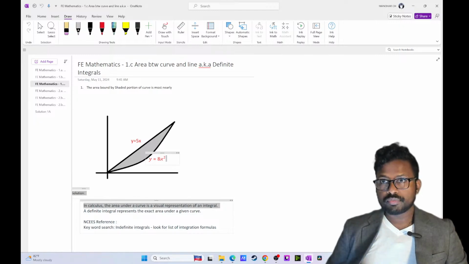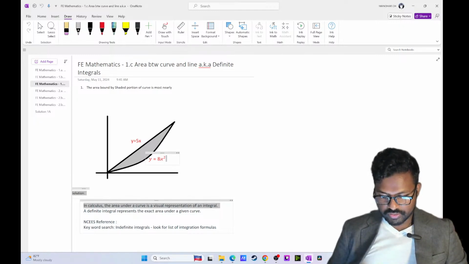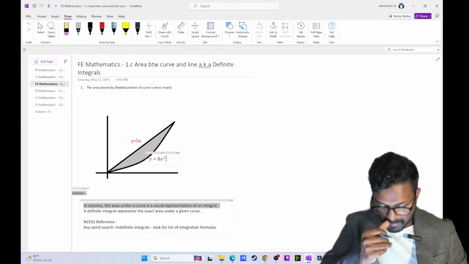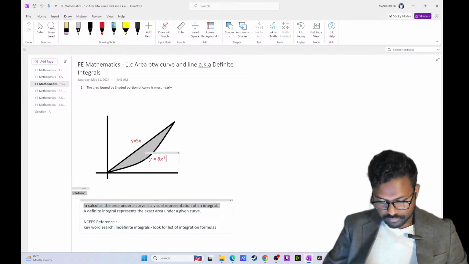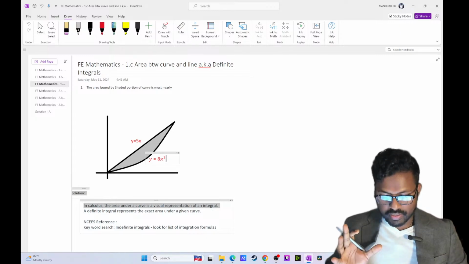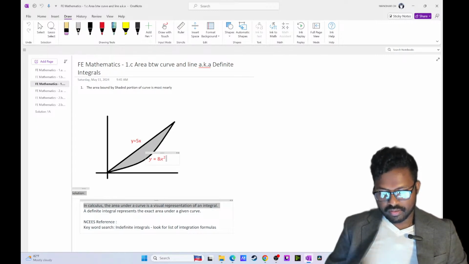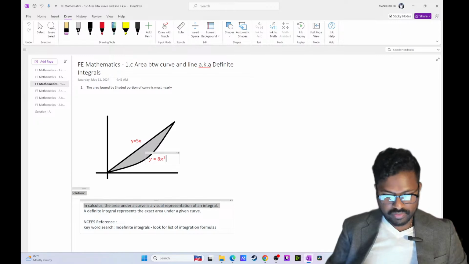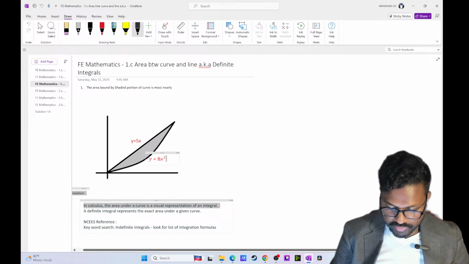If you think about this problem in a logical sense, if you find the area bound by the line and subtract the area bound by the curve, I will draw it here so you'll understand better.